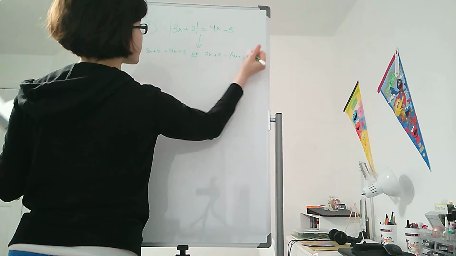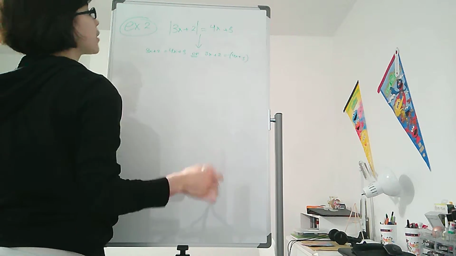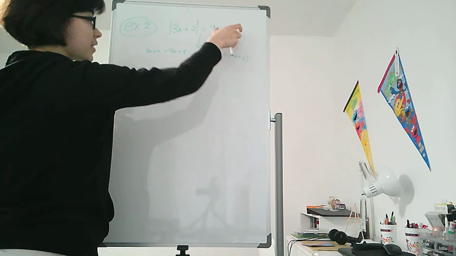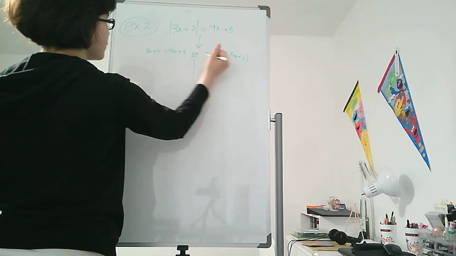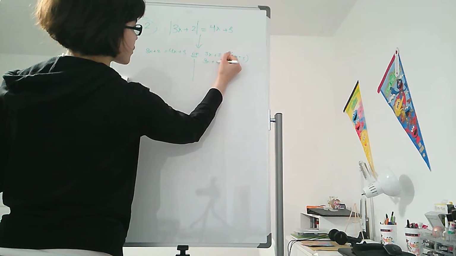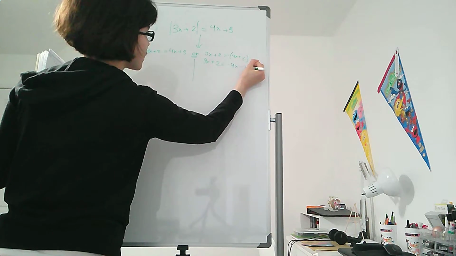Now don't get confused just because this is a huge expression on the other side instead of just a regular number. We're still just taking the negative of this quantity, okay? So let's start over here. 3x plus 2 equals, the negative of 4x plus 5 is negative 4x minus 5.